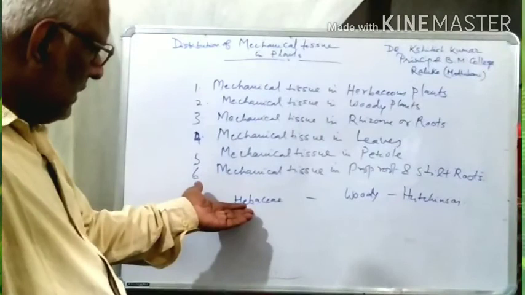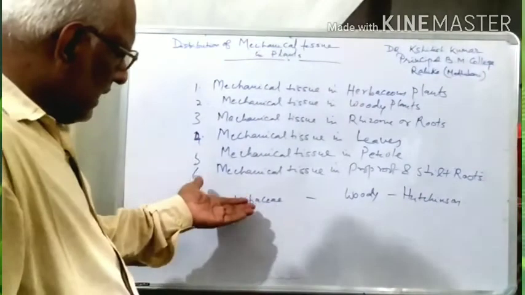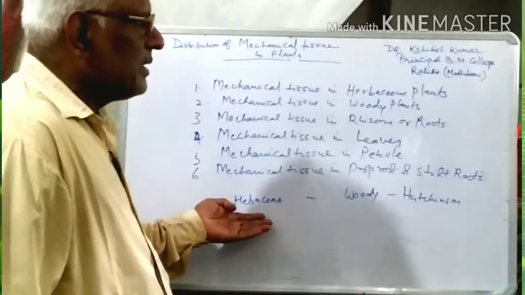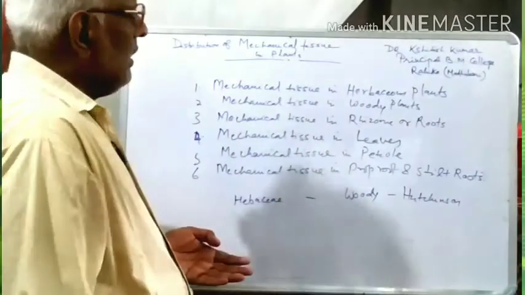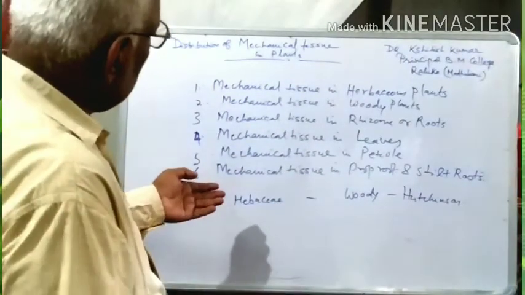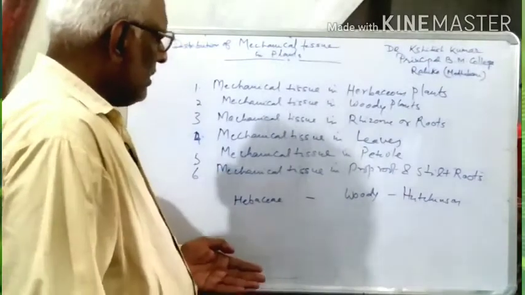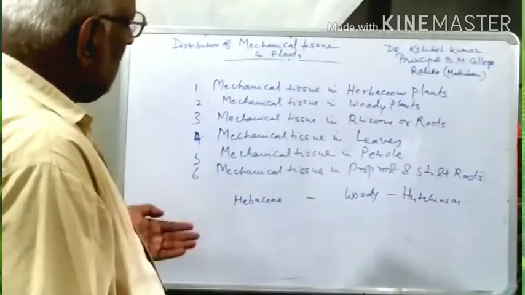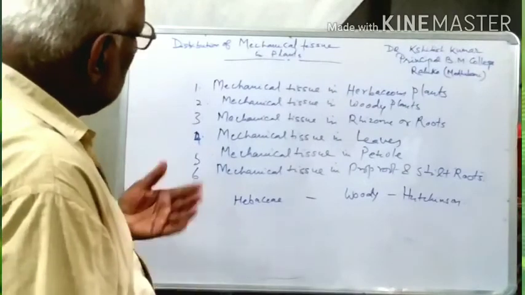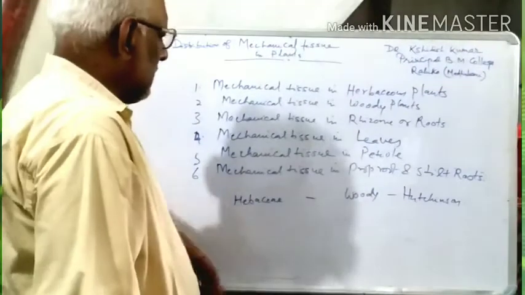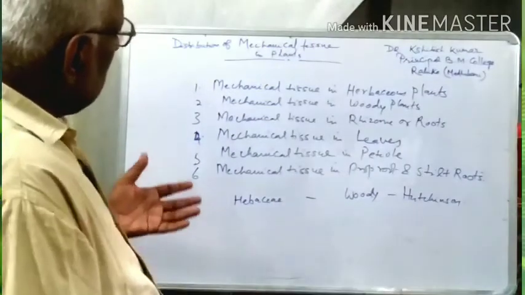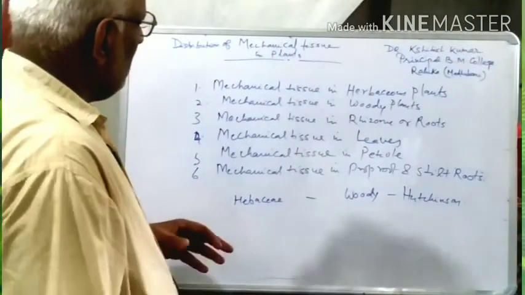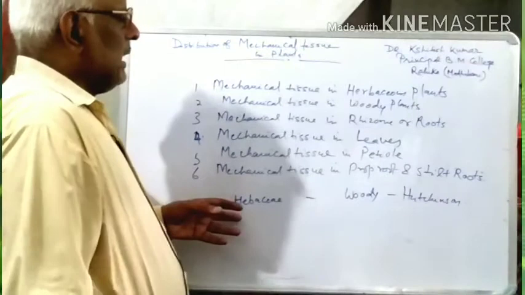The first, Herbaceae, means that their stems are herbaceous. They are generally of short habit, not much elongated, not very tall, and they have minimum mechanical tissue inside them.